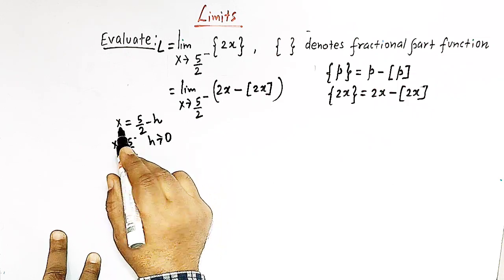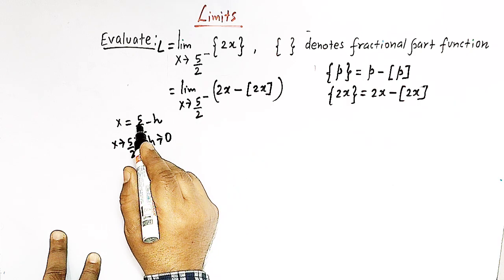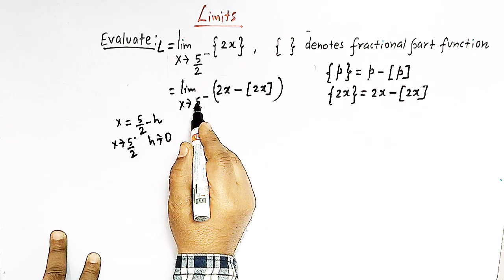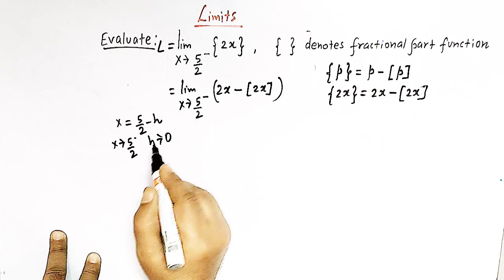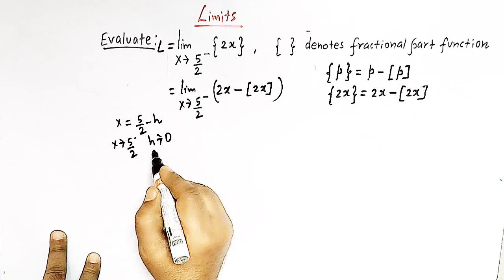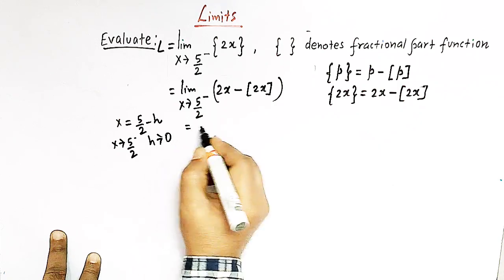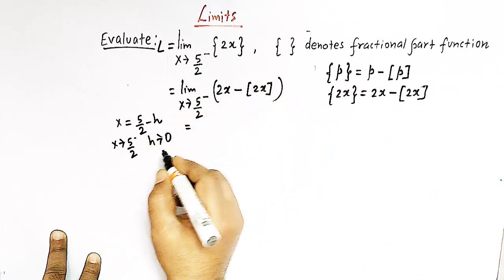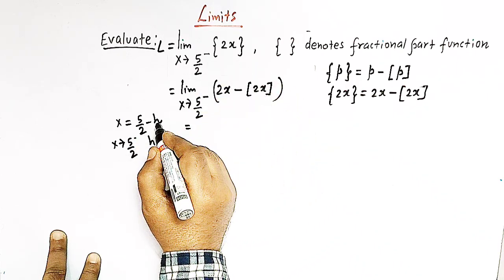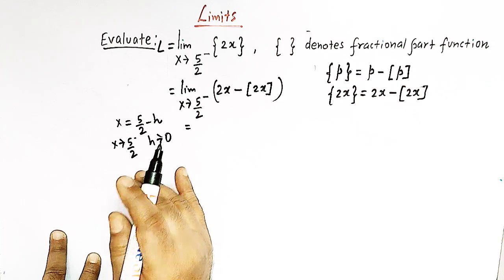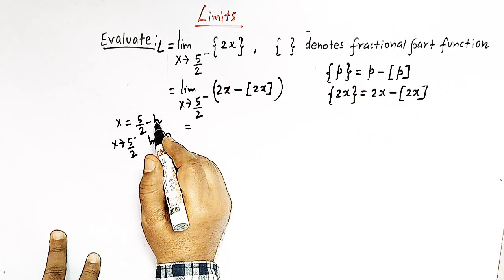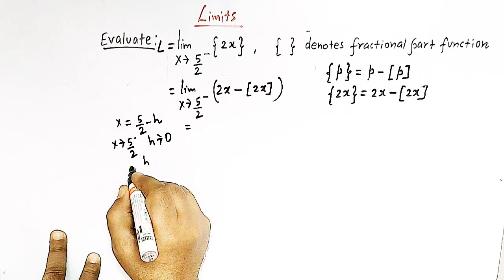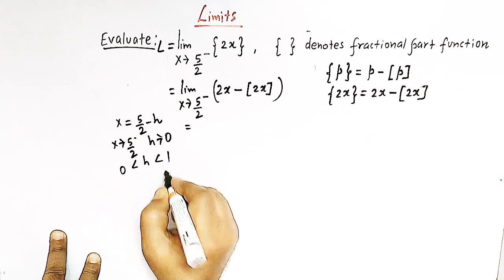So we replace x by 5 by 2 minus h, and now we can express this limit in terms of h. Remember, h is infinitesimally small and is a positive quantity which lies between 0 and 1.